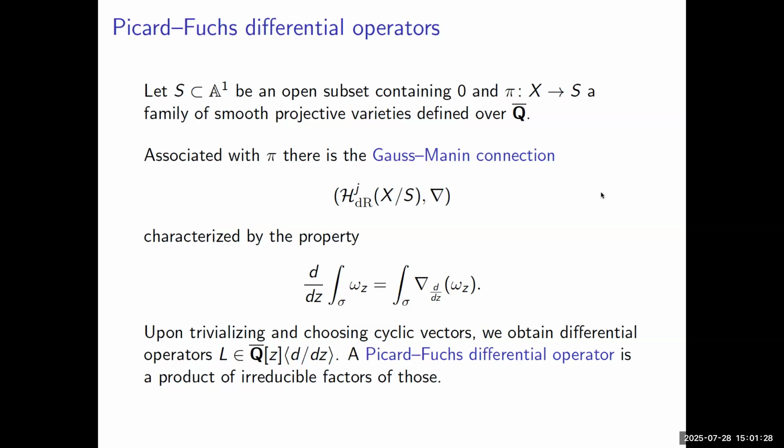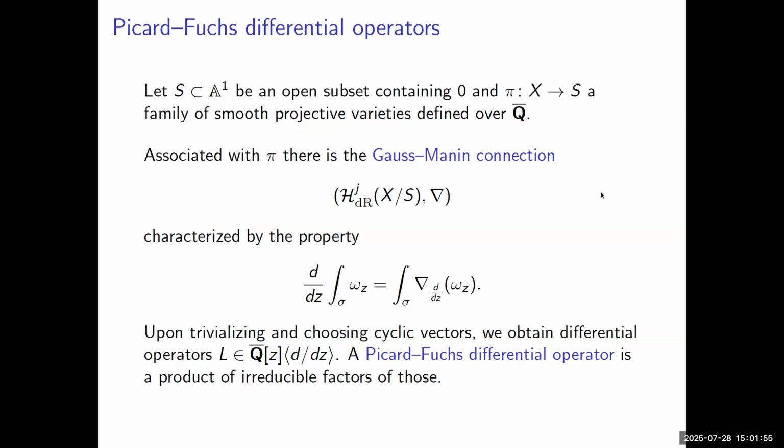And a way to think about this connection analytically, so it can be constructed purely algebraically, but analytically, what you do is the following. You place yourself on an analytic open small neighborhood of 0. There you can take a section of this vector bundle. This is a family of algebraic differential forms indexed by z.